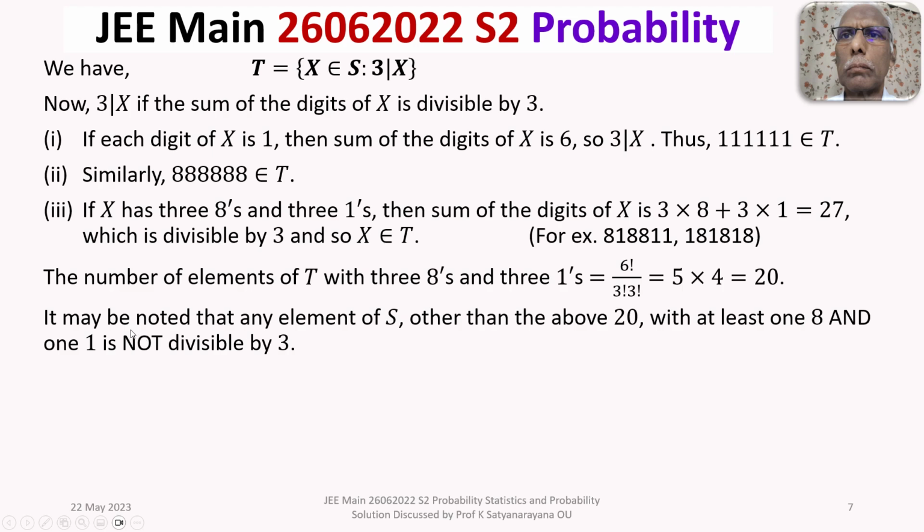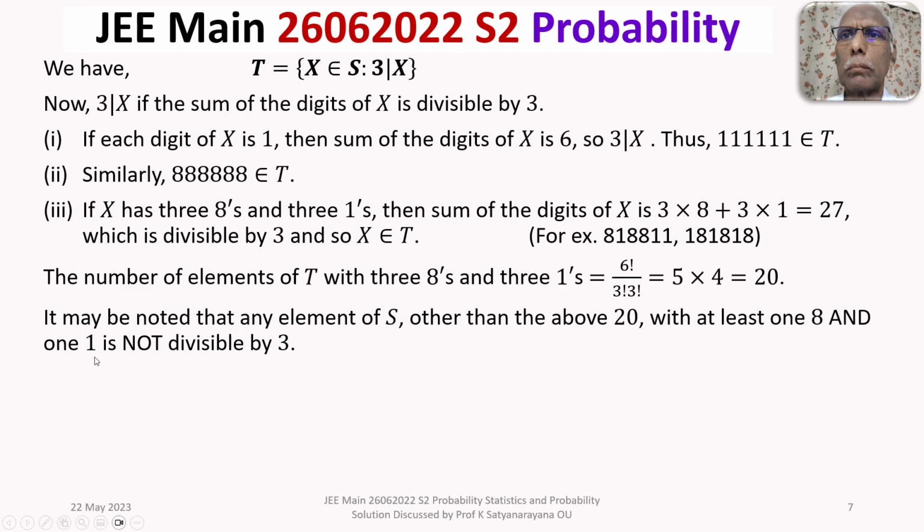And it may be noted that any element of S other than the above 20, with at least 1 8 and at least 1 1, is not divisible by 3. So you take any 6-digit number with 1 and 8 as the digits, which has at least 1 8 and at least 1 1.